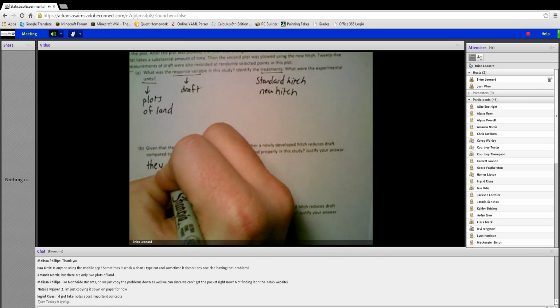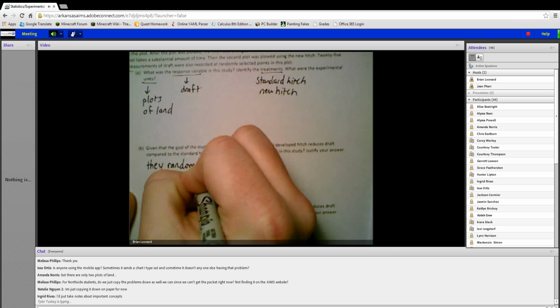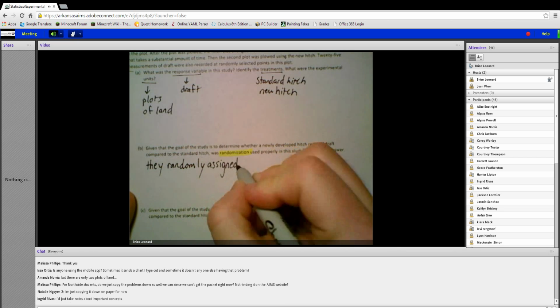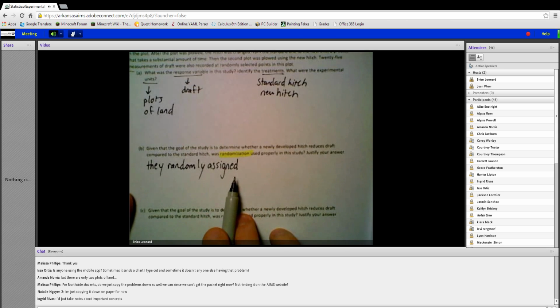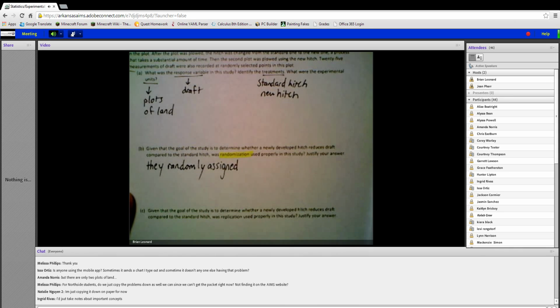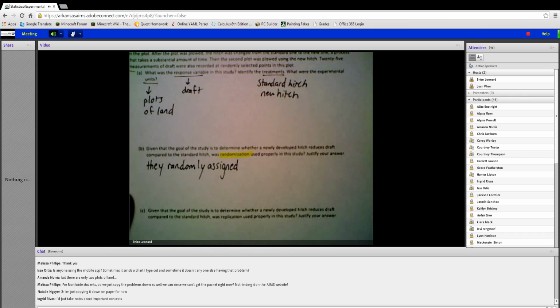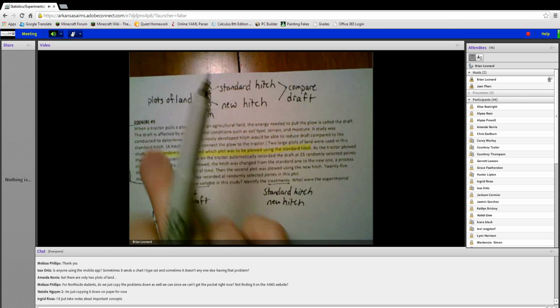They randomly assigned, now fill in my context. They randomly assigned, who are the units? We said plots of land.